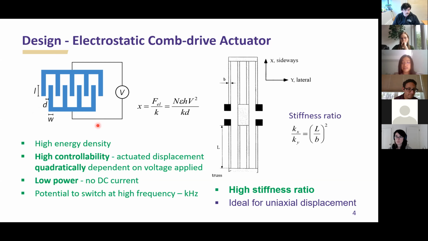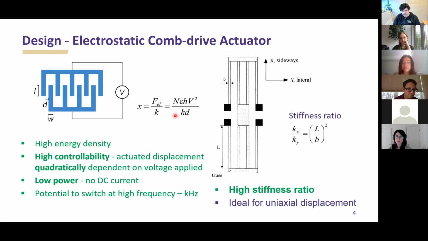A voltage applied across the two-comb structure will lead to a deflection of the mobile comb, drawn towards the fixed comb by the electrostatic force generated between the fingers. And because there is no DC current flowing in the device and nothing is touching, the comb drive structure is very famous for producing high-precision actuation with very low power consumption.